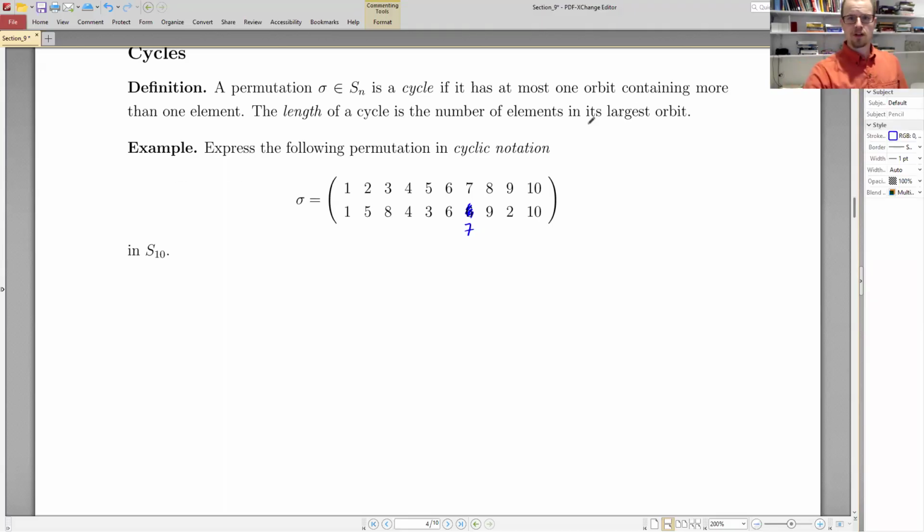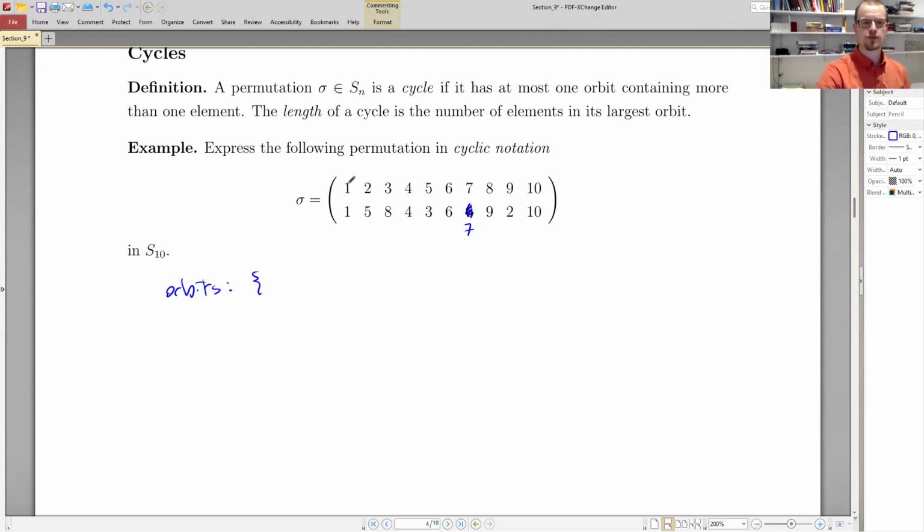All right. So we want to observe that this example of a permutation is indeed a cycle. We will write it in cyclic notation, and we will write the length of that particular cycle. In order for us to observe that sigma is a cycle, we have to identify the orbits of the permutation.